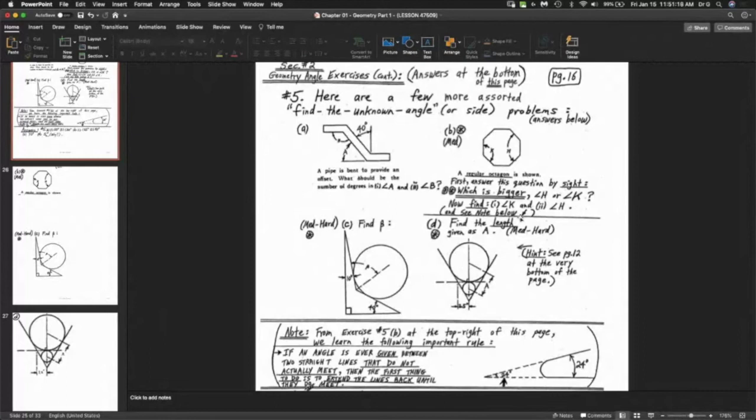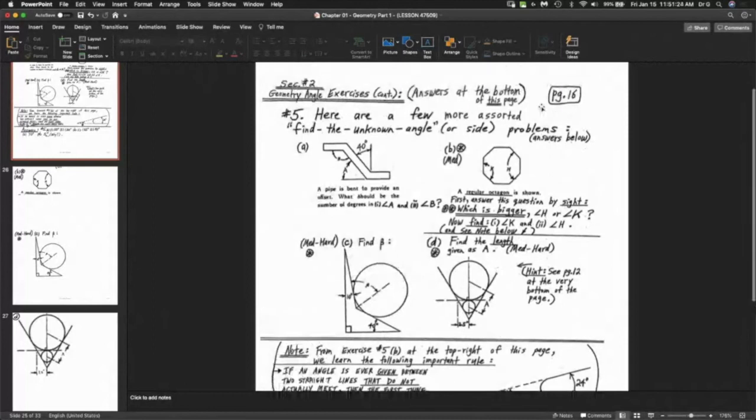But in terms of schedule, you're responsible for everything up to page 16. Wherever we end off is where you're responsible for by the next class. After class today, I'm going to turn this PowerPoint presentation that I've been drawing on into a PDF and put it on Blackboard.